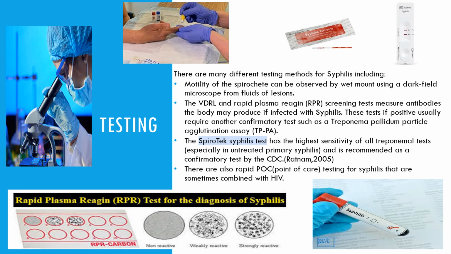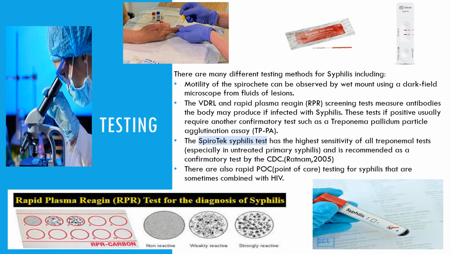If you are sexually active, it's important to be screened or tested regularly for syphilis. There are many different tests and methods, including observation of the motility of the spirochete on a wet prep under a dark field microscope. This is usually done with a fresh sample of fluids from an active lesion. Antibody testing, including the VDRL and RPR rapid plasma reagent screening test, measure amounts of antibodies produced by the syphilis bacteria in the body.